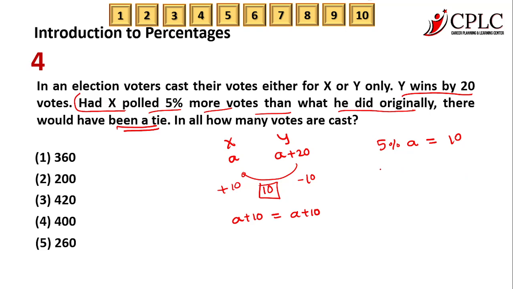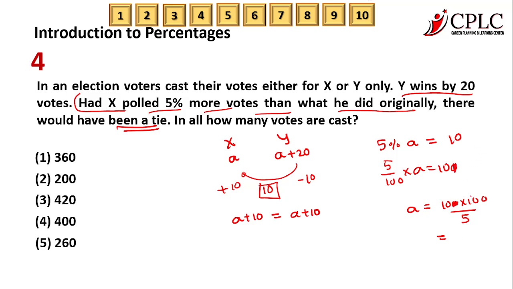You solve this. 5% is obviously 5 by 100, goes on the other side, and you get, not 100, sorry, 10.